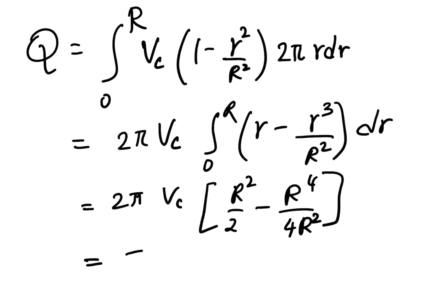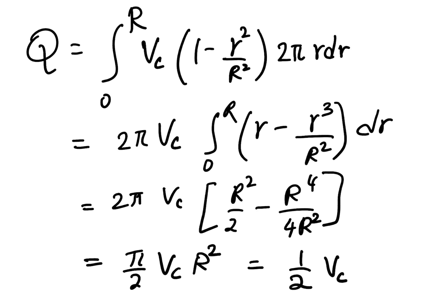So I have pi over 2 Vc times R squared, or this is 1/2 the center line velocity times the area of cross section.